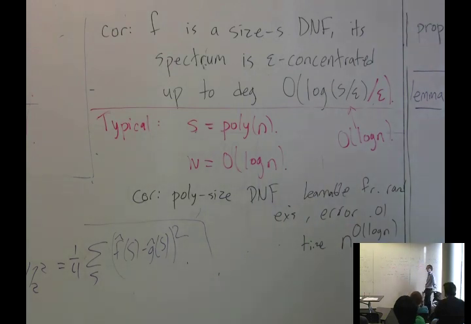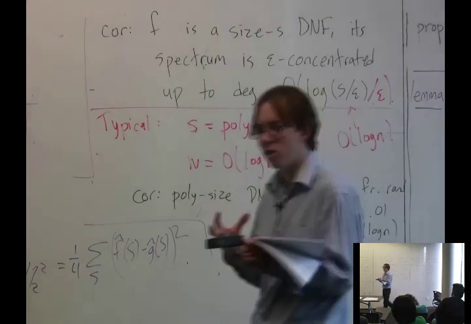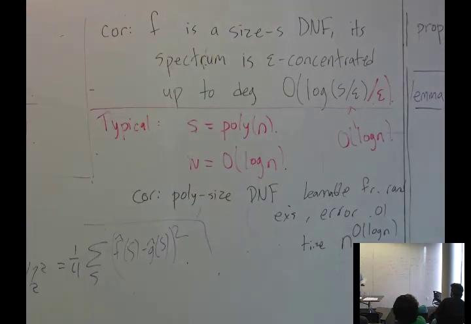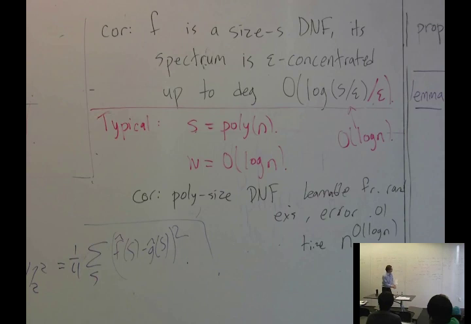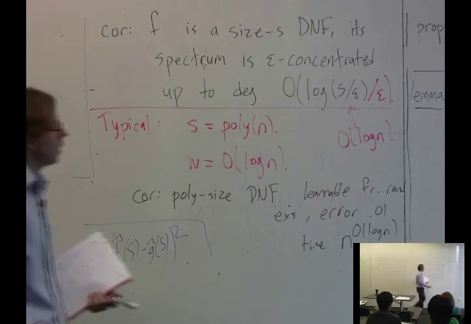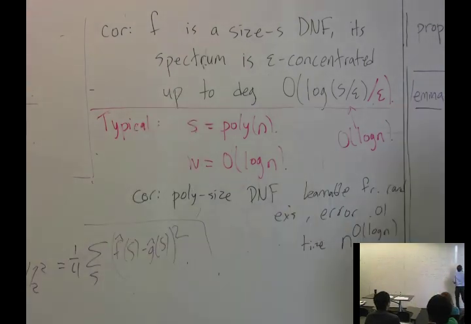That's more powerful, and you can find all of the large Fourier coefficients of the unknown function, as opposed to just hoping that they're at low degree. And as we saw, that in particular means that if a given function had most of its Fourier mass concentrated on a small collection, let's say a poly-size collection, then you would be able to learn it efficiently in the query access model.